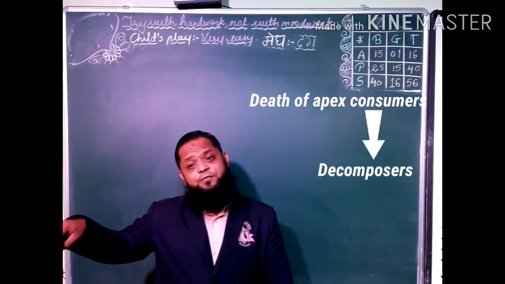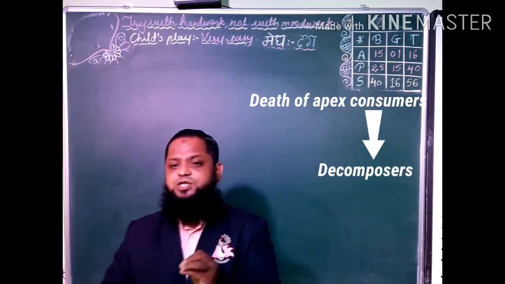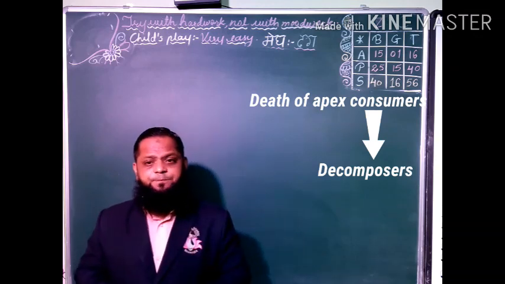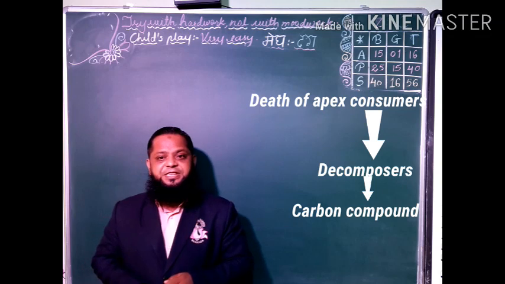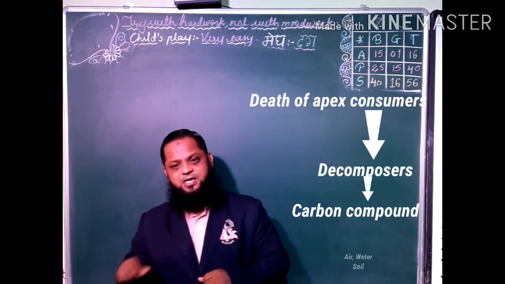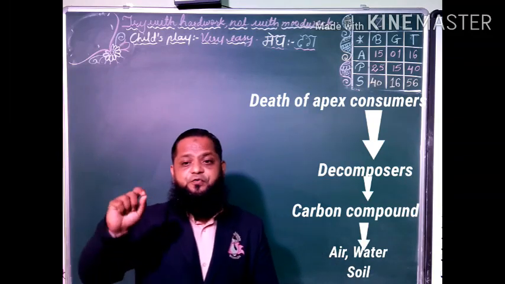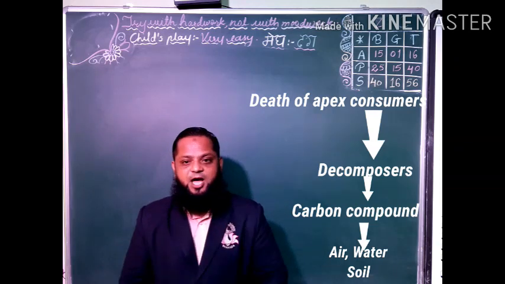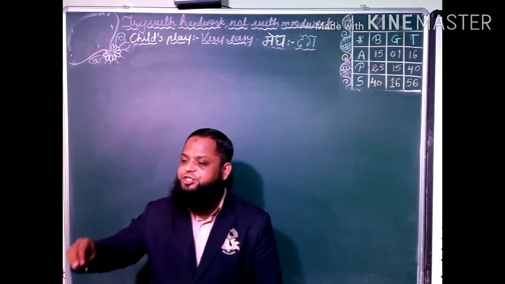In the process of obtaining food from the remains of organisms, decomposers convert them into simple carbon compounds. These substances easily mix with air, water, and soil, from where they are again absorbed by plants and incorporated into the food chain.